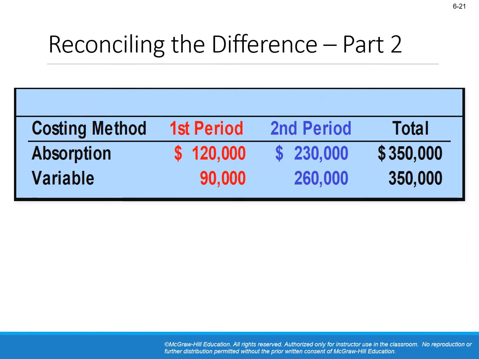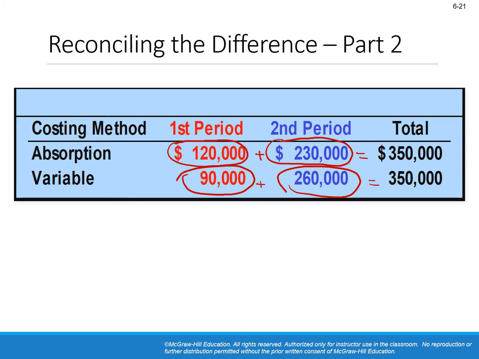This is what I was saying. In the first period or first year under absorption costing, you had a net operating income of 120. Then in the second period, you had 230. In the variable costing, the first period had 90,000, and the second period had 260,000. So summing these together will give us 350,000, and summing these together, first period and second period, will give us the same number.